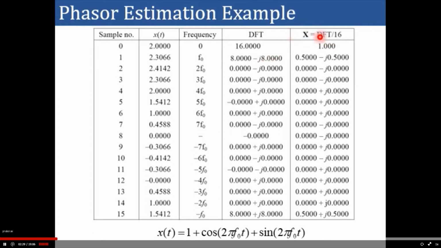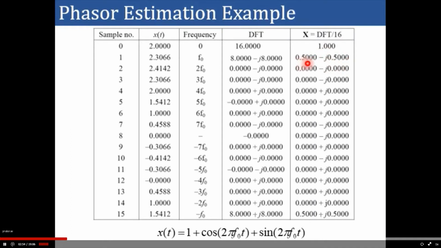Now if you divide the DFT by 16, that is the number of samples, you will get the value of the alphas. So alpha 1 is nothing but 0.5 minus j 0.5. If you take twice the real value, you will get the value of a1, and minus twice the imaginary value, you will get the value of b1.